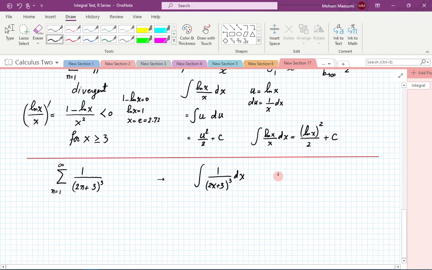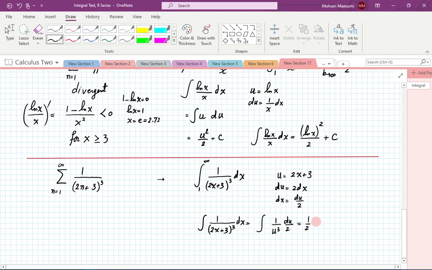So again, I do a u substitution. This integration is from 1 to infinity. I take u to be 2x plus 3, so du is 2 dx. Therefore dx is du over 2. The integral of 1 over (2x plus 3) cubed dx turns out to be 1 over u cubed times du over 2.